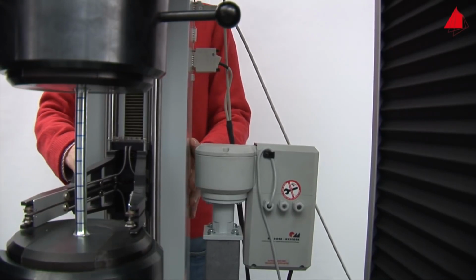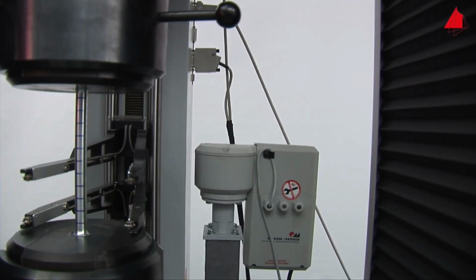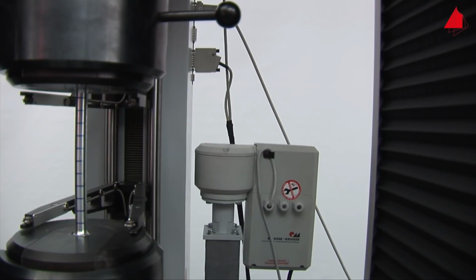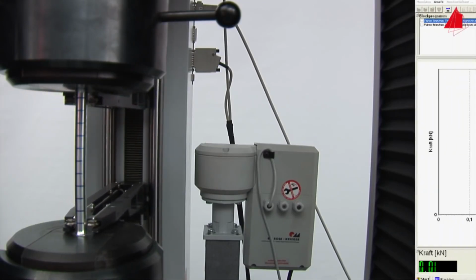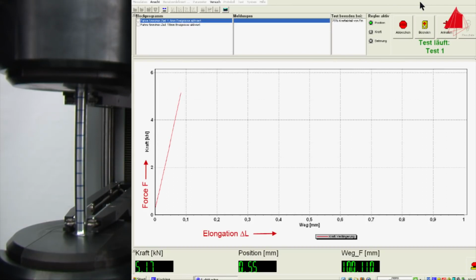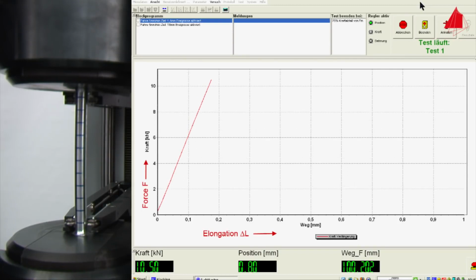After fitting the test piece into the testing machine and swinging the extensometer into its working position, the test can start. The initial linear curve in the force elongation diagram again shows the elastic behaviour of the material.